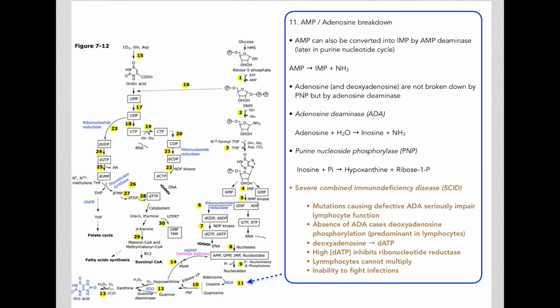So this inhibition of ribonucleotide reductase means the lymphocyte cannot make the deoxynucleotides, especially deoxy-GTP. That means the cell cannot copy its chromosomes before it divides, so the lymphocytes will not be able to proliferate, and therefore the immune system will be compromised.